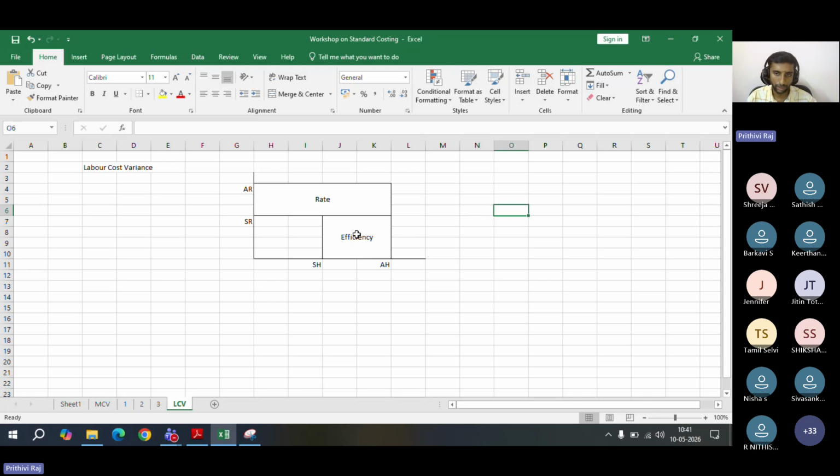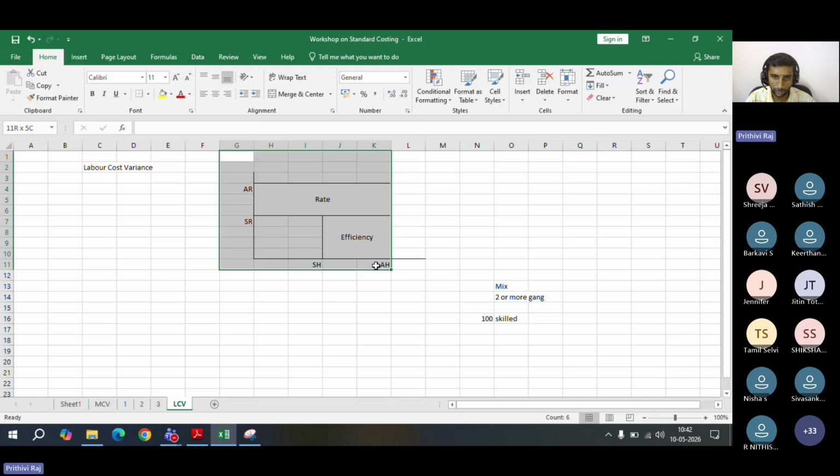For example, the mix variance will occur when there are two or more gangs. Just understand this small concept. In labor, if there are 100 labors, and all the 100 labors are grouped as a single skilled group, then there is no mix variance.